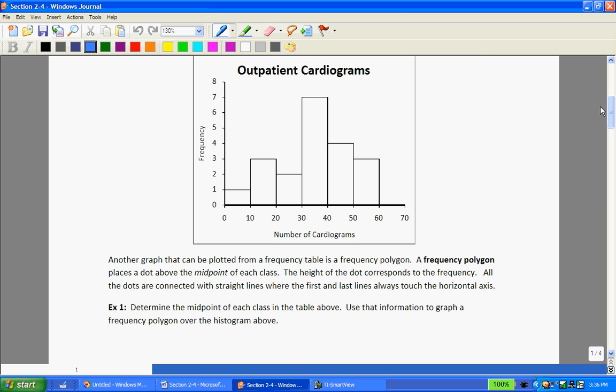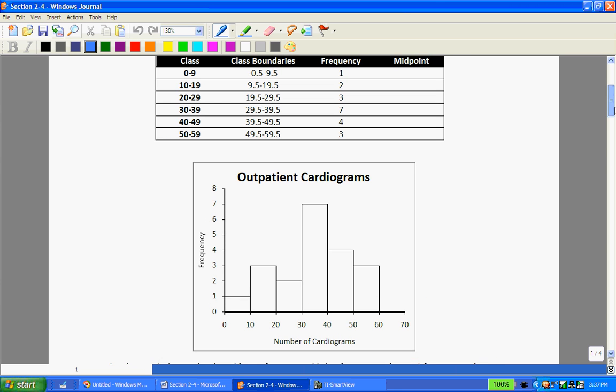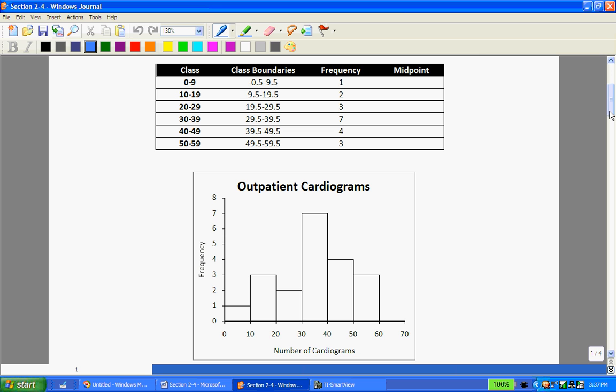So in example 1, we're going to determine the midpoint of each class in the table above the cardiogram data and use that information to graph a frequency polygon over the histogram. And we're going to do that on purpose to show some relationship between a histogram and a frequency polygon. So to find the midpoint, we're going to add the lower class boundary and the upper class boundary, and then divide by 2.